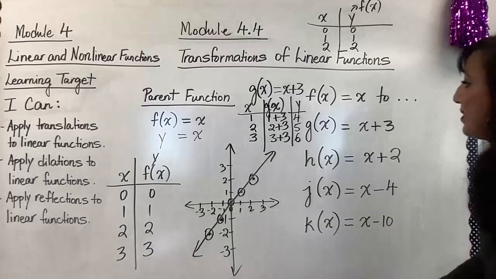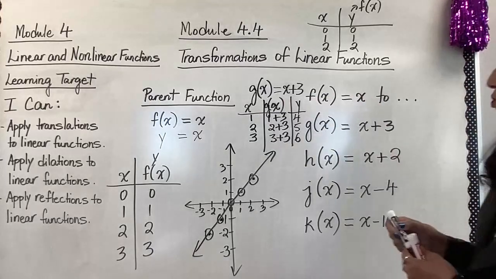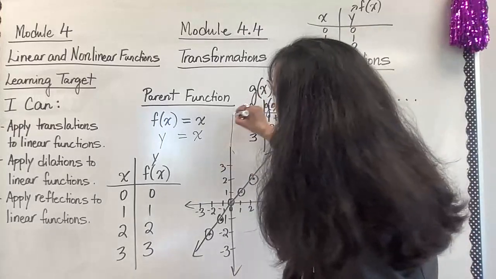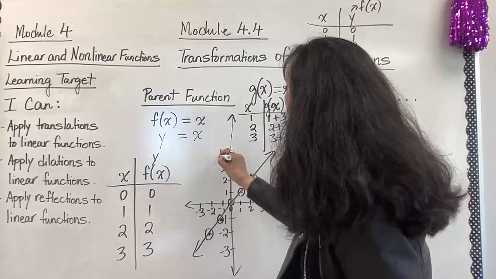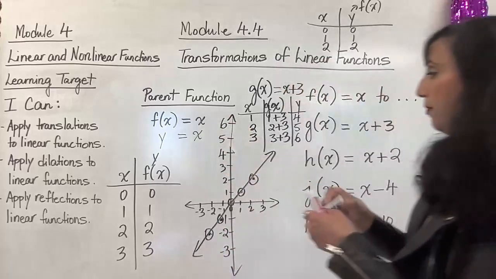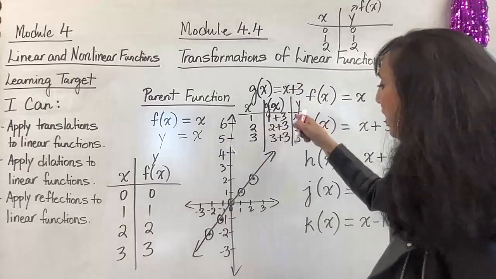So now, what are my ordered pairs? My ordered pairs are 1 and 4. So I'm going to go ahead and graph this into the same graph so you can see what I am doing. So this is 3, 4, 5, 6. Okay, it's saying when x is 1, y is 4.